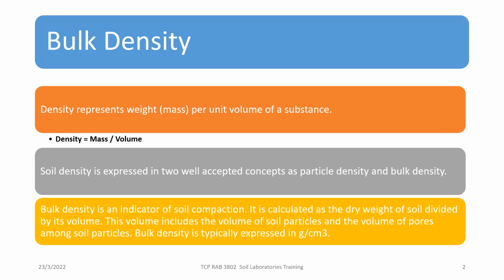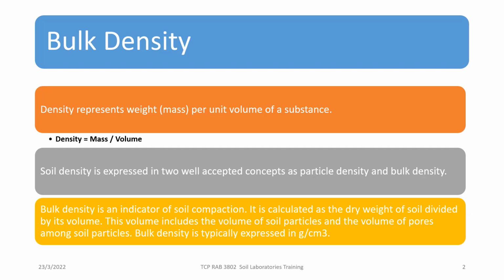We start with the bulk density. We will go into the particle density in a later presentation. So what do we mean by bulk density? Bulk density is an indicator of soil compaction, and it is calculated as the oven dry weight of the soil divided by its volume.